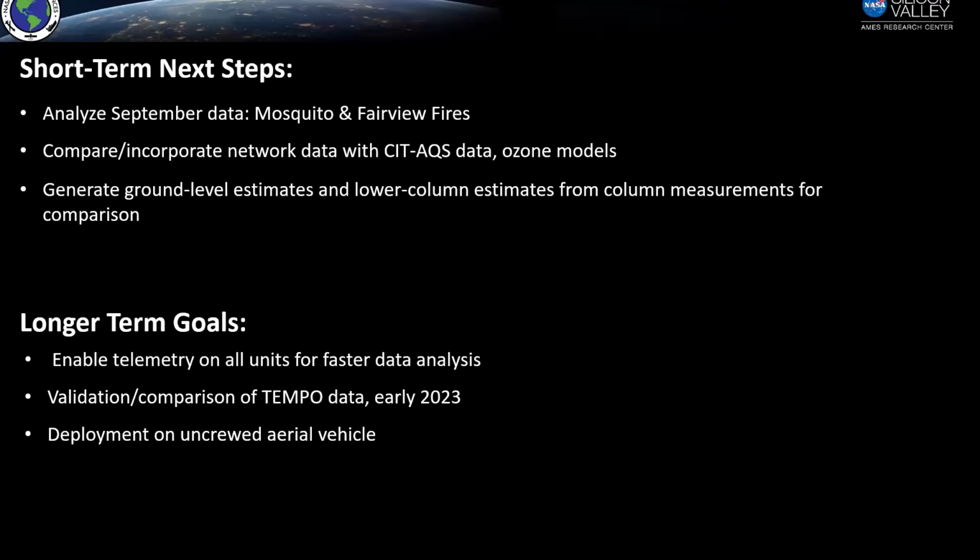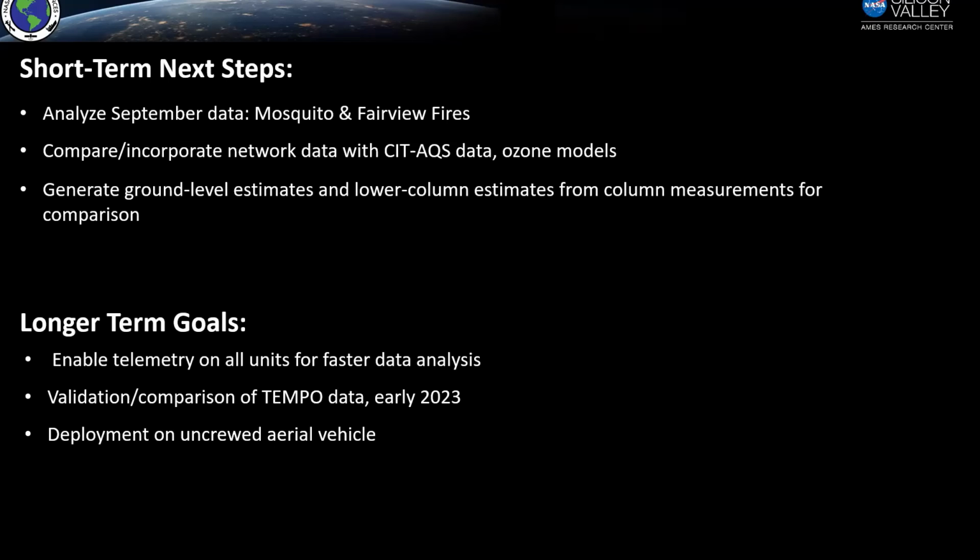We also want to compare with other network data. For example, at Caltech, the CIT AQS data, which is available for quite a few pollutants, will be cool for us to compare data with. And we also have some models that some of our partners at NASA run at the Table Mountain facility and at a variety of other locations that we're hoping to first compare our ozone data with and then hopefully incorporate into some kind of a model.